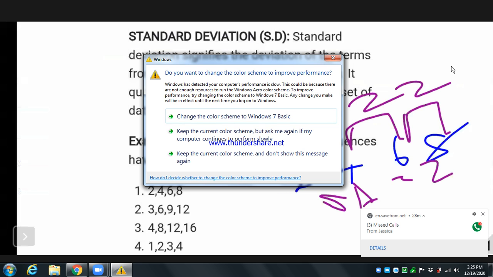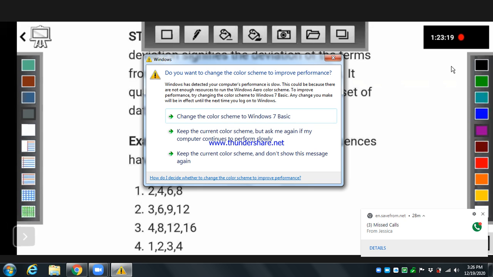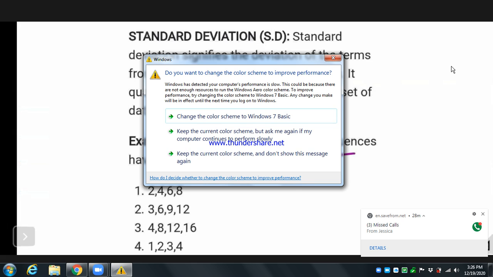Try to solve this sum. They are asking which of the following sequences has the highest standard deviation. Just calculate the standard deviation and tell me which has the highest. Four, 8, 12, 16, ma'am.